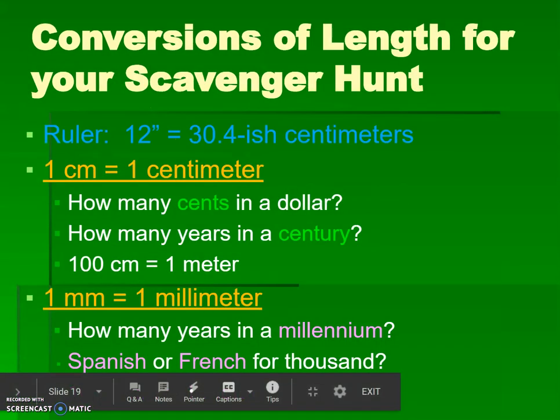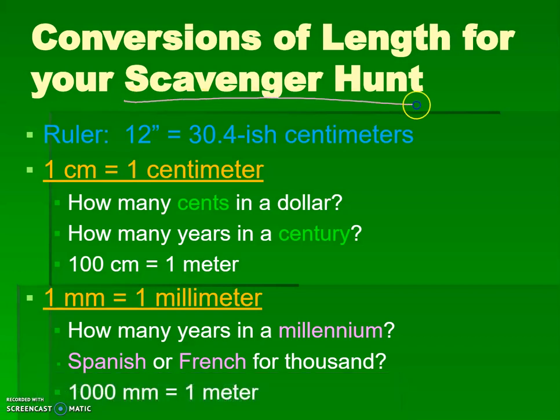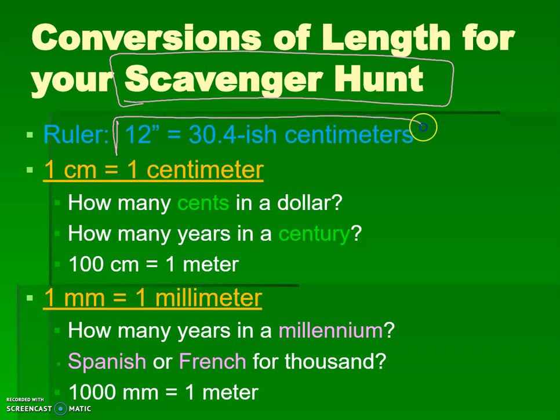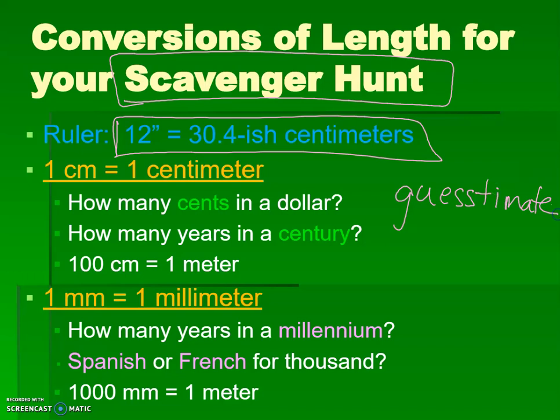So what we do in class is we kind of look around the room and do a metric scavenger hunt. And we basically take our ruler and we realize that a ruler is 30.4-ish centimeters. And we try to estimate or guesstimate how many centimeters, meters, different things are in the room, milliliters, and grams.